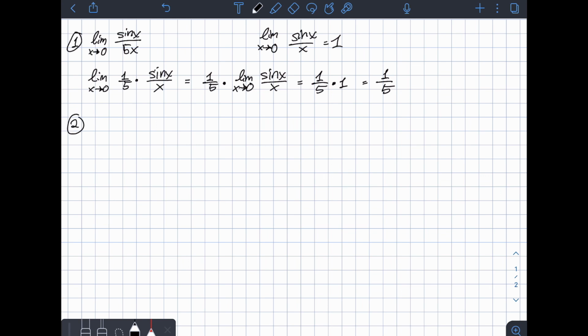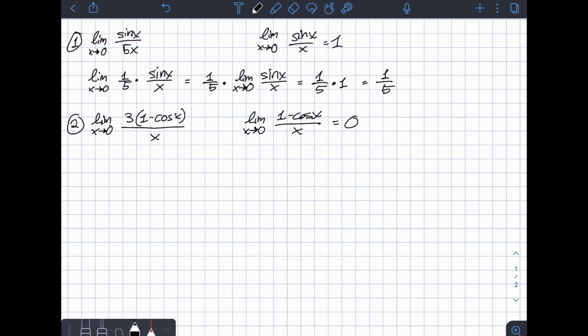Another one here. Limit as x approaches 0, 3 times 1 minus cosine x over x. And again, this is one of the other special limits: 1 minus cosine x over x is equal to 0.